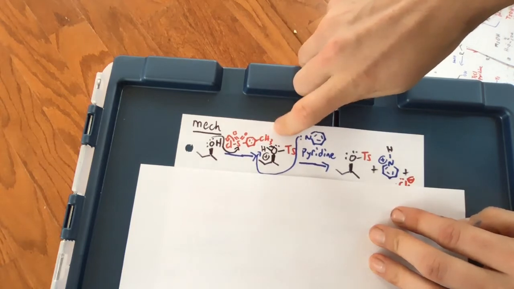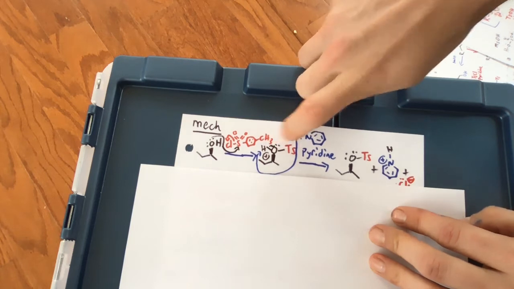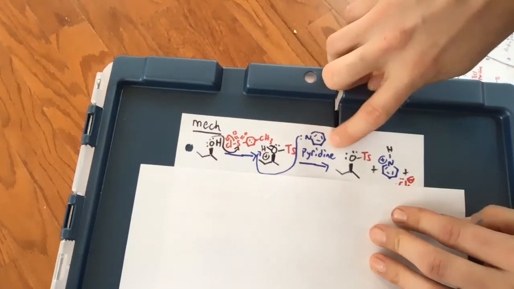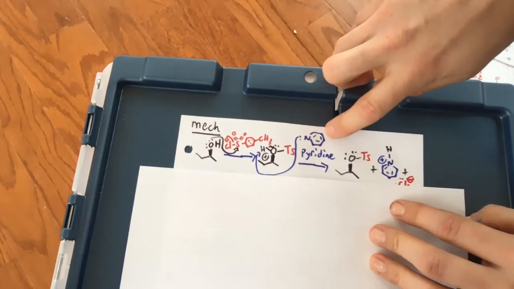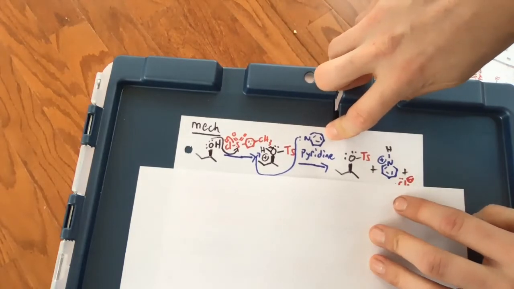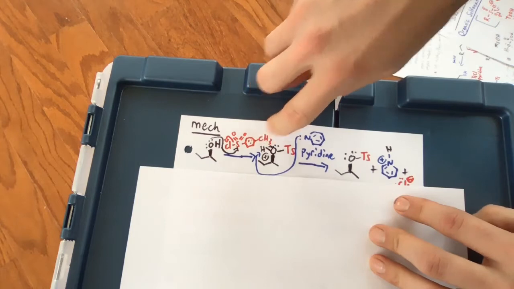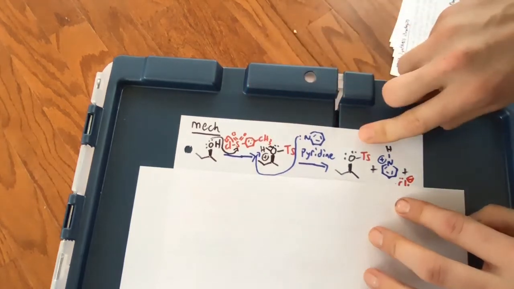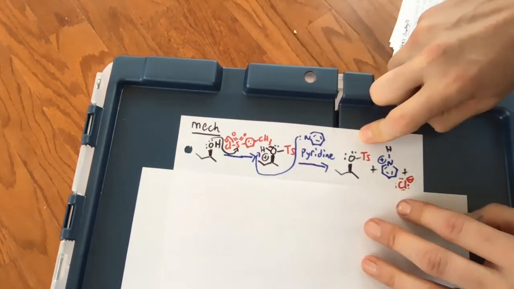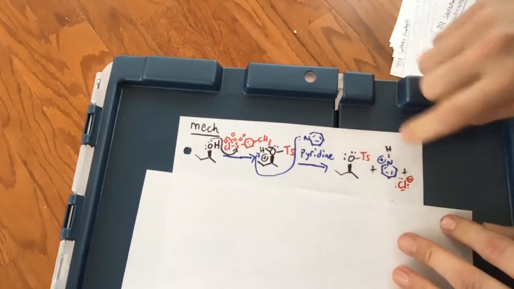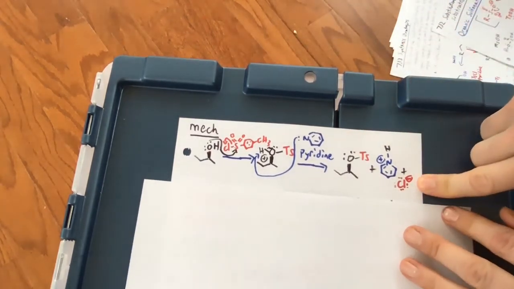The positively charged alcohol is then relieved of that extra proton via pyridine, this guy here that we have seen a few times. He's a good base, and he can deprotonate this molecule to give us our final product, this tosylated alcohol, plus the protonated pyridine and the chlorine that we kicked out.